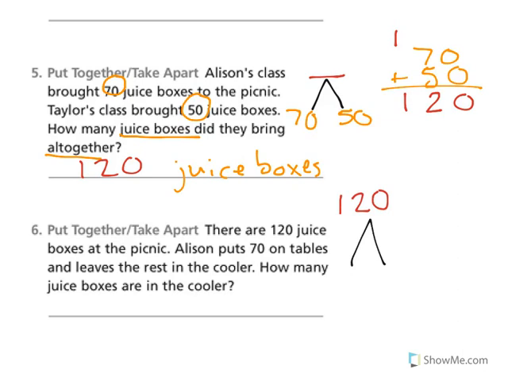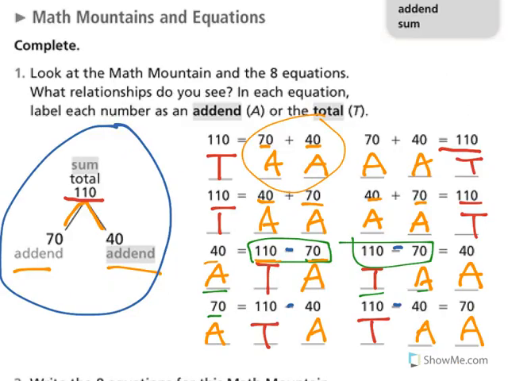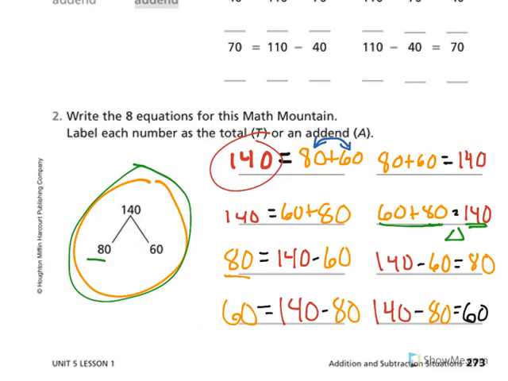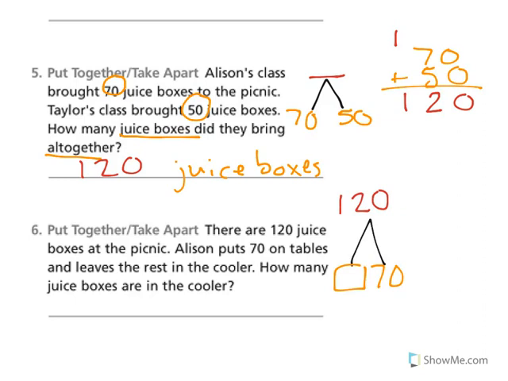And then some of that whole group, a portion of it, is the 70, but we're missing the other add-in. But we know that if we're missing an add-in, all we have to do to find that add-in is have the total take away the other add-in that we know. So we'll do that. So we'll have our total, and we will subtract.